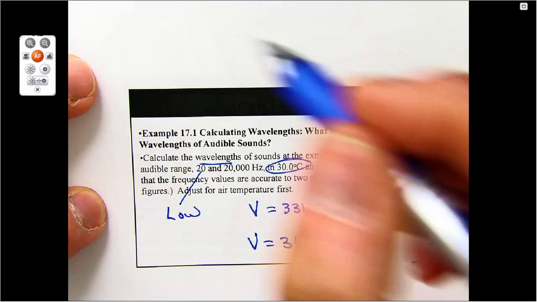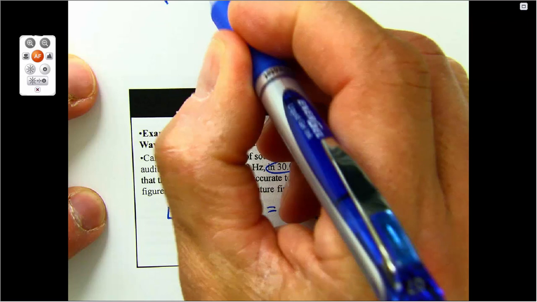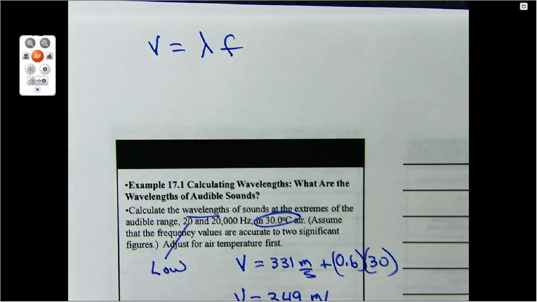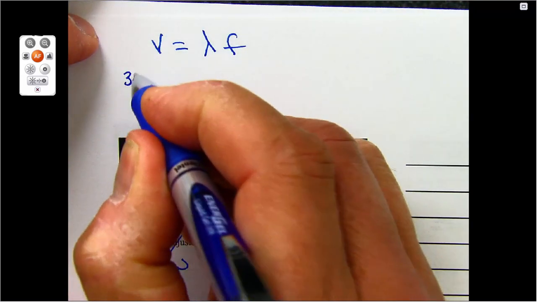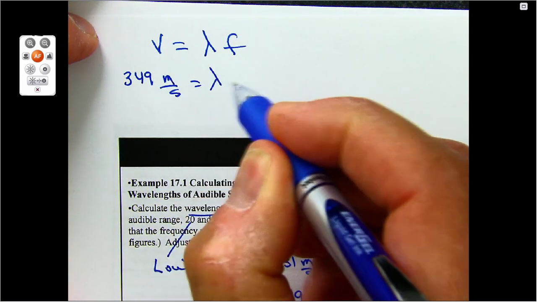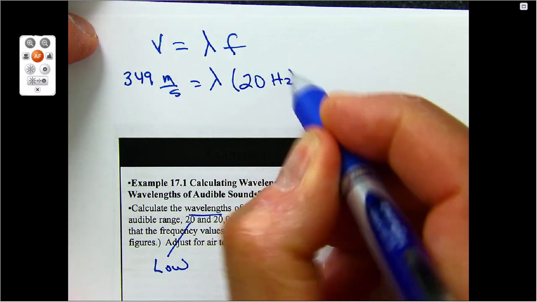So we know that the velocity of sound is equal to wavelength times the frequency. So 349 meters per second is equal to the wavelength at 20 hertz.